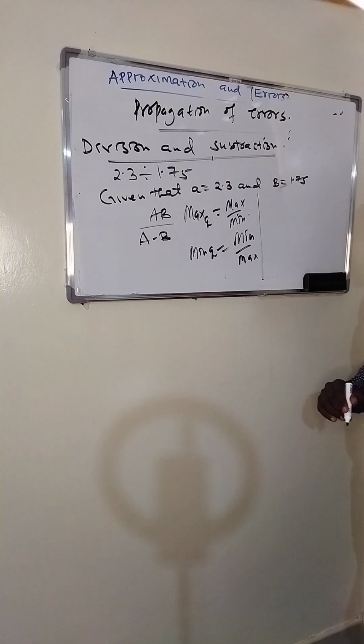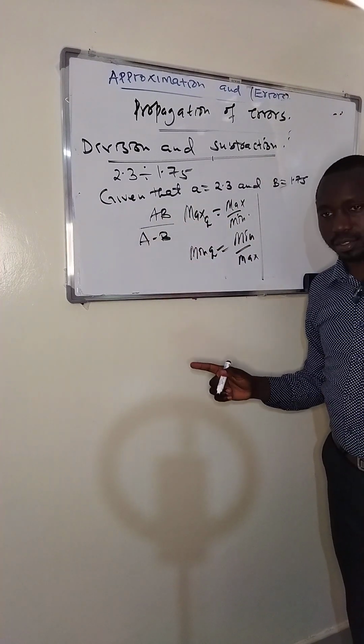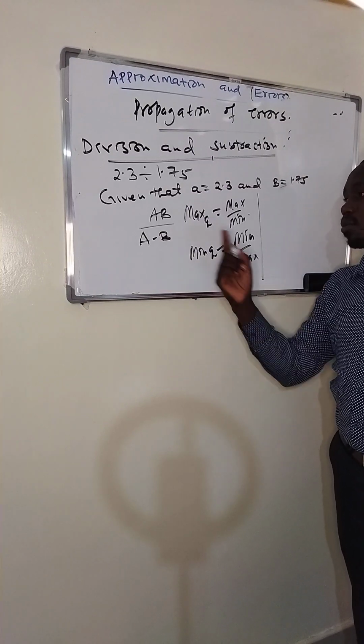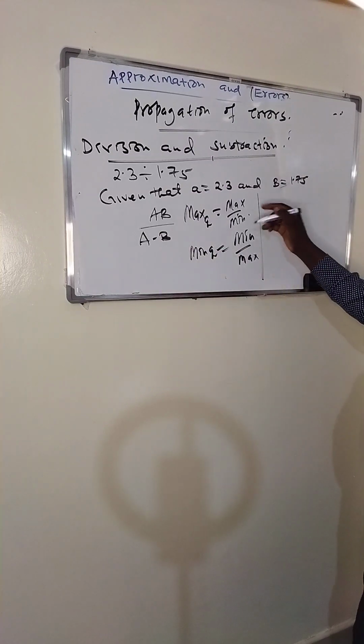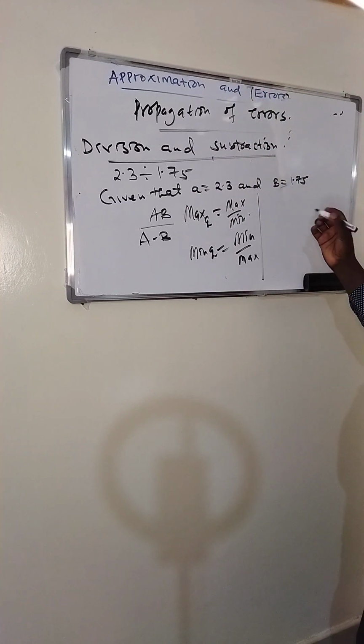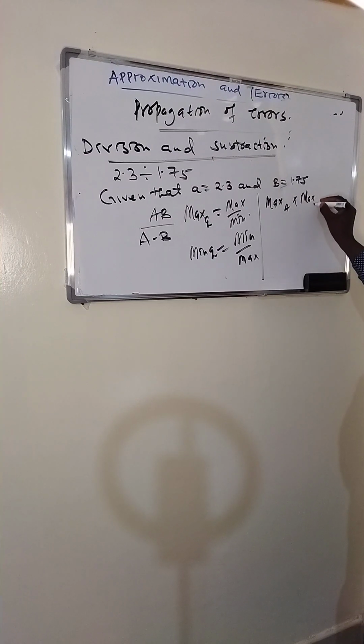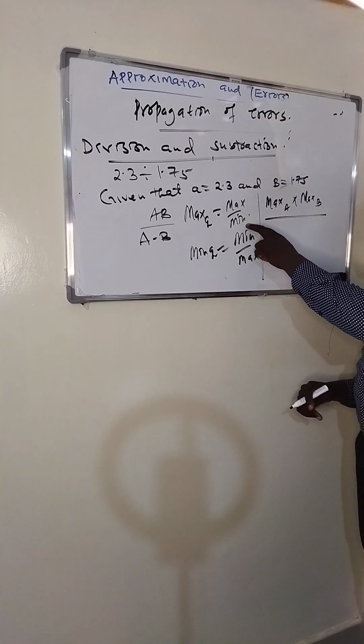So how do we get the maximum quotient? The numerator is maximum and the numerator is multiplication. So how do you get maximum in multiplication? Maximum in multiplication is maximum times maximum. You should be able to remember that. So maximum A times maximum B, divided by the denominator, for which we are looking for the minimum.